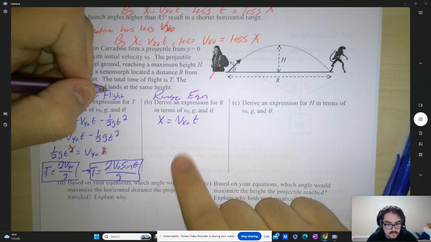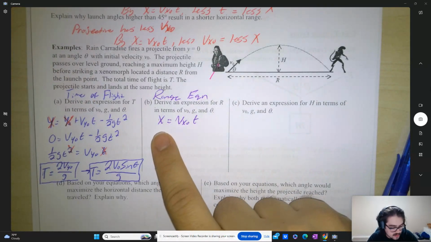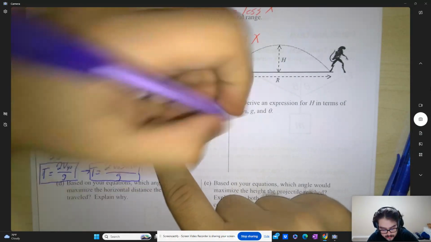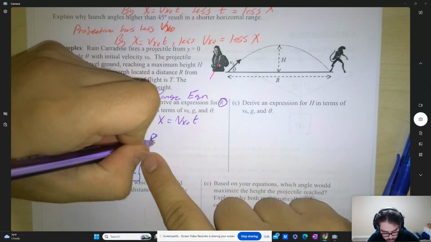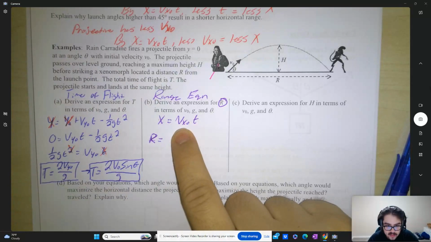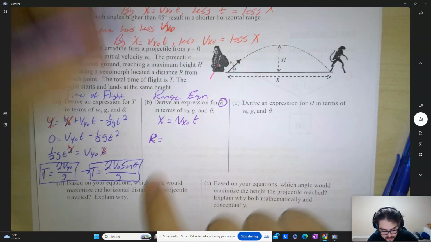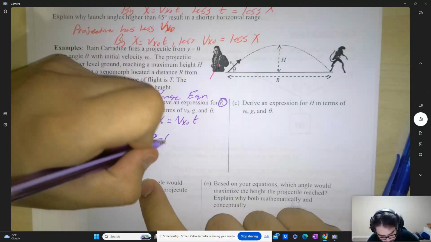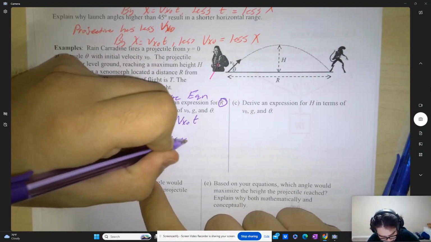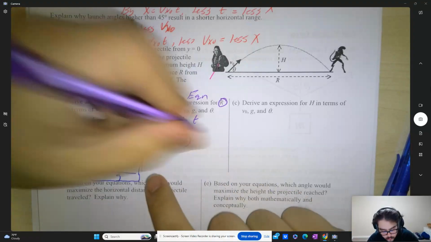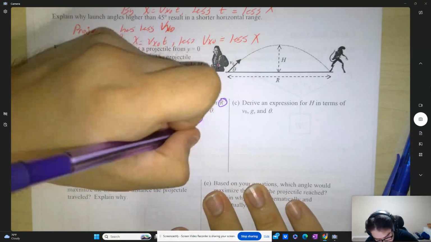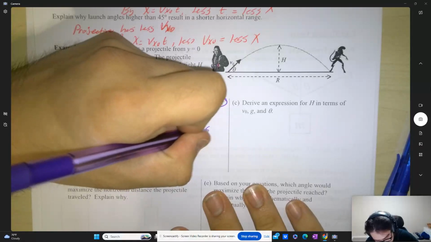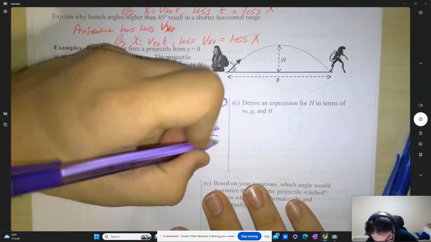I'm going to swap out x for r, so r equals vx naught, which is actually v naught cosine theta. And then for the t, we're going to use the same time of flight equation I just derived, so I'm going to plug in 2 v naught sine theta over g.